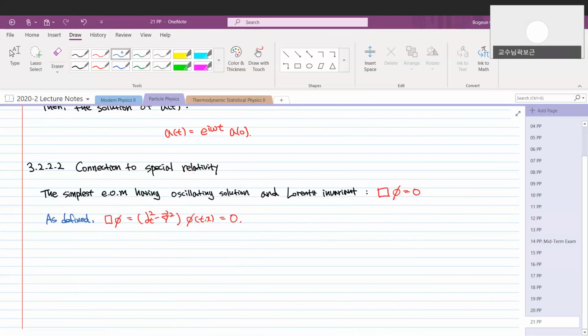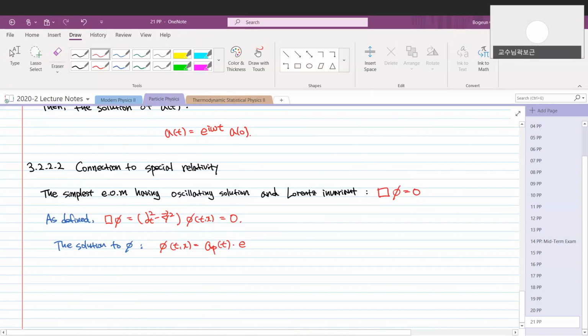So the solution for phi, phi(x) equals some operator given a momentum p, with time dependence and e^{i p x}.